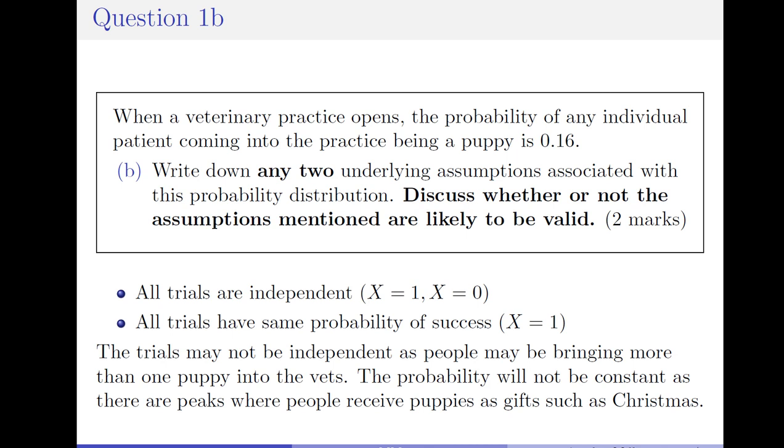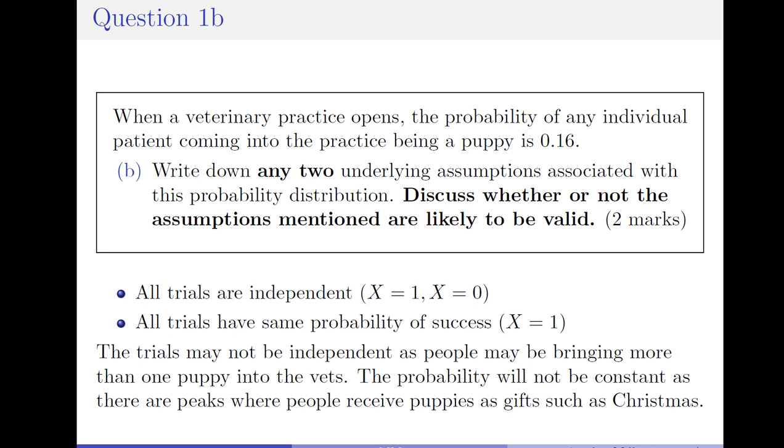Now, again, like I've said earlier, for these solutions, particularly for these discuss type questions, as long as you write something sensible, you probably will get the marks. It just needs to be written, and this is very important: your answer must be written in the context of the question. So here we're talking about veterinary practices, we're talking about dogs, we're talking about puppies.